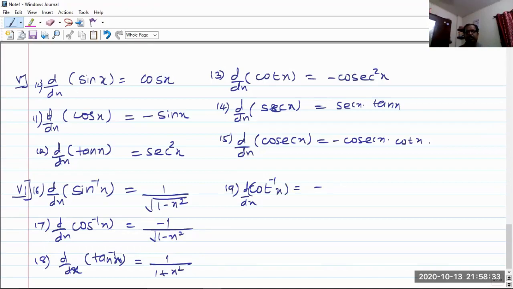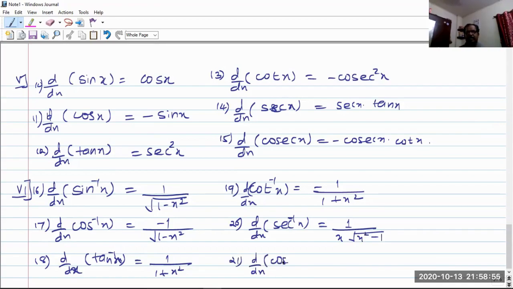It is minus 1 upon 1 plus x square, whereas the derivative of sec inverse x is 1 upon x root x square minus 1, and the last formula, the derivative of cosec inverse x, will be just the opposite of the derivative of sec inverse x, which is equal to minus 1 upon x root x square minus 1.